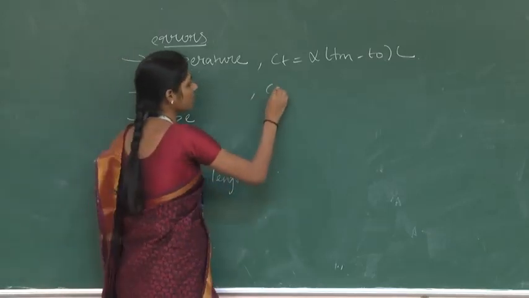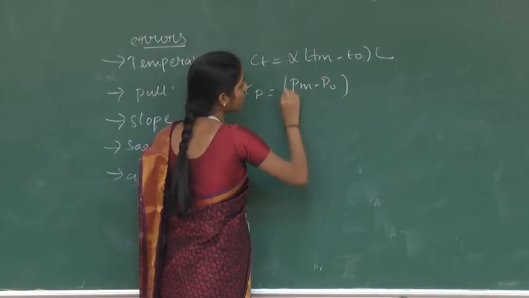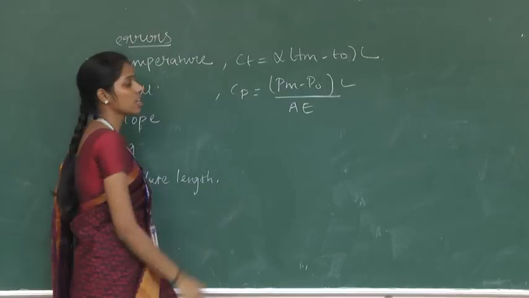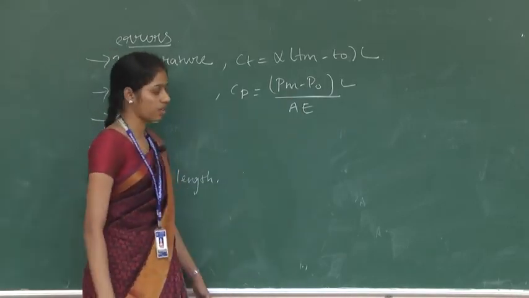And for pull, Cp is equal to Pm minus P0 into L divided by A into E. Here Pm is the pull at the time of measurement and P0 is the standardized pull.